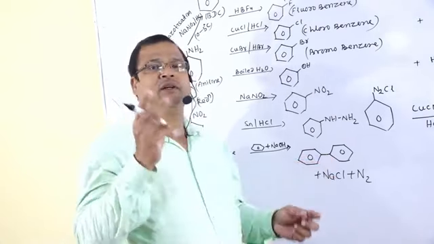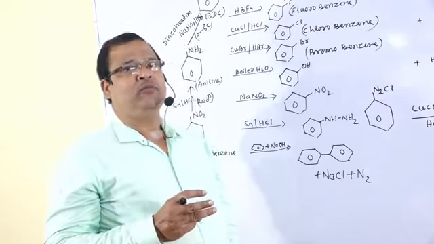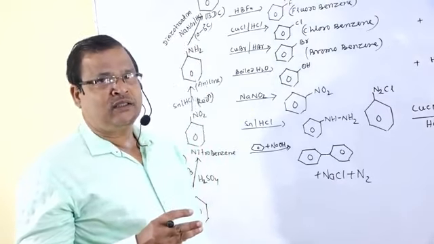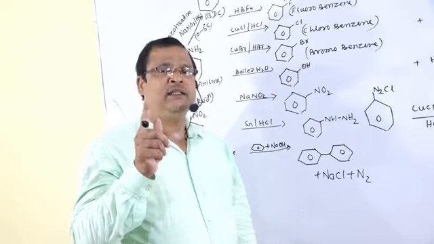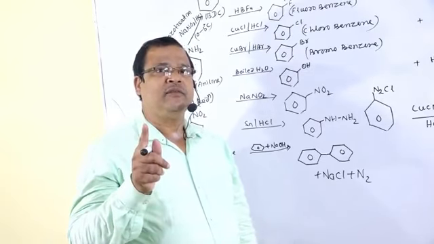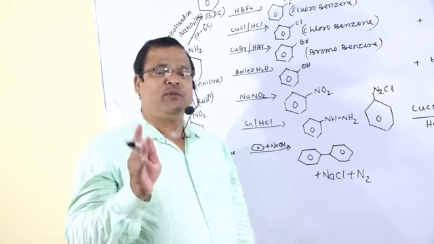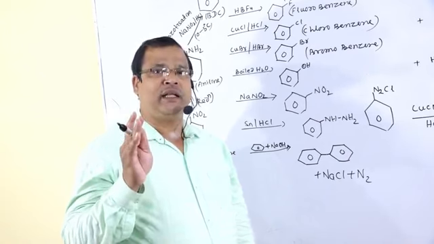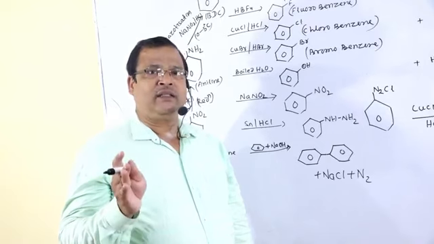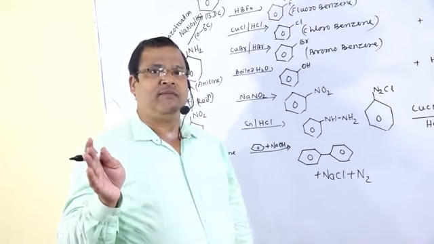So these are 3 methods for the preparation of biphenyl. What are those methods? First one, the Fittig reaction, that is chlorobenzene or bromobenzene treated with metallic sodium in dry ether to form biphenyl.